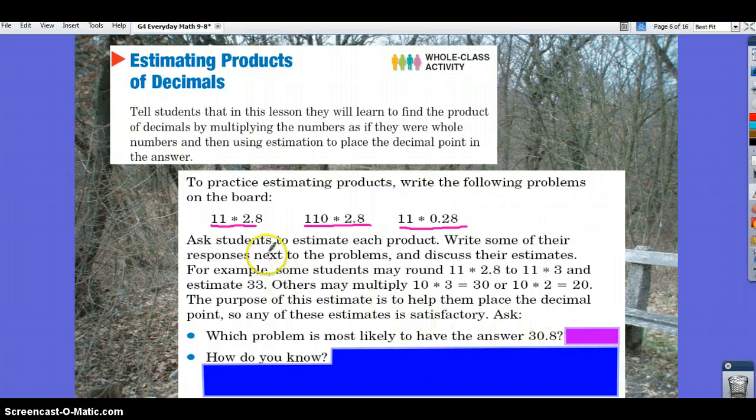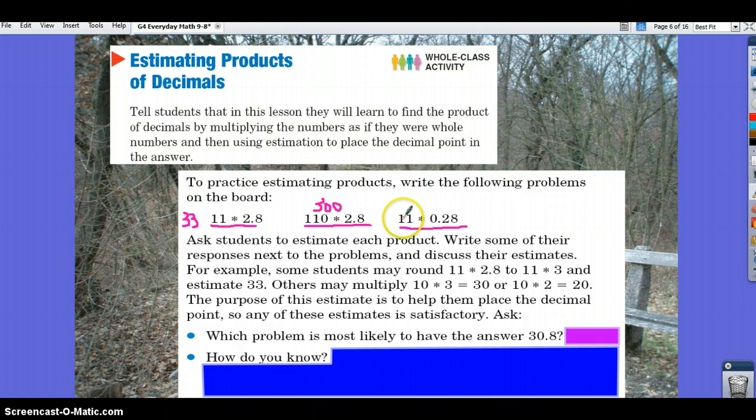Well, let's see. This first one, I would probably say 2.8 is close to 3. So I'd go 11 times 3 is 33. The next one, the 110, I would probably round to 100. And again, 2.8 to 3. So 100 times 3, well, this answer would be 300.